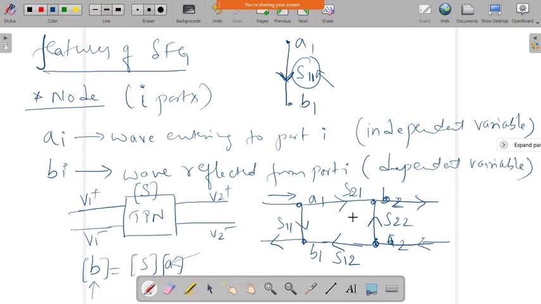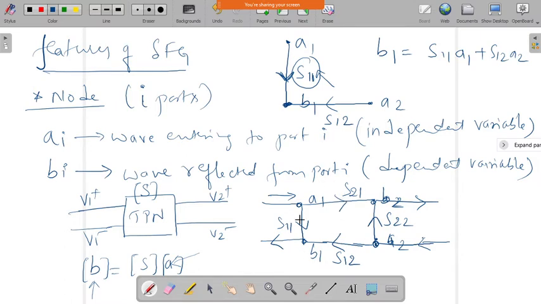If I take A2 and S12, how we can represent B1? Because two signals are flowing to B1, B1 is nothing but S11 A1 plus S12 A2. Like that we can add these two signals for the node B1.